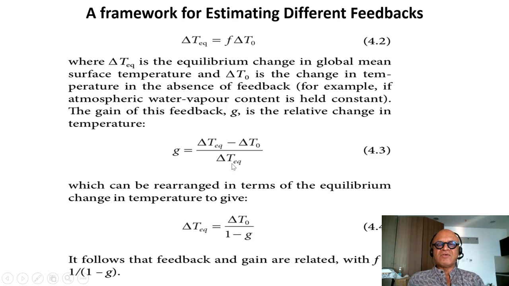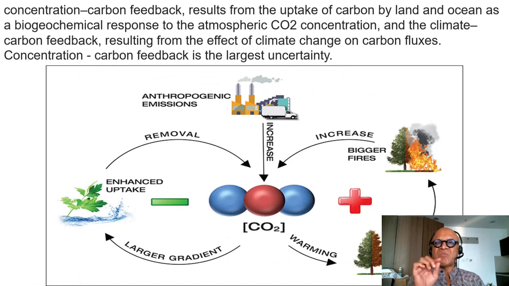So this we can rearrange as delta T0 divided by 1 minus G. That's kind of the way electrical engineers manipulate things to look at the gain in the system. They are the ones which use the gain the most, but now in the climate system we have to constantly worry about this as well. We've seen this already, where F is now 1 over 1 minus G, and G is the sum of G_i, where we have many feedbacks in the system.